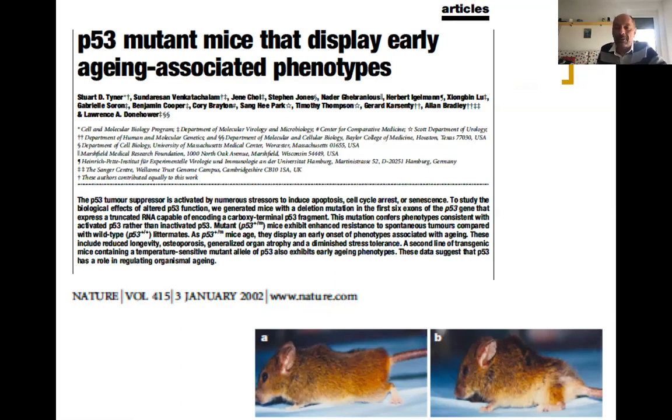These people, from the Baylor College of Medicine in Texas, in collaboration with Massachusetts University in the US, actually induced p53 mutant mice that overexpress p53. This is a normal mouse, and this is the mutant.